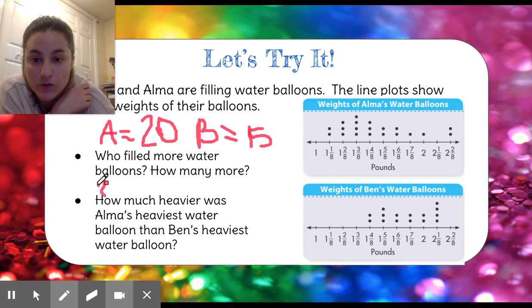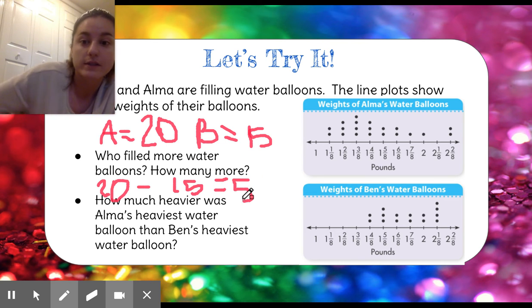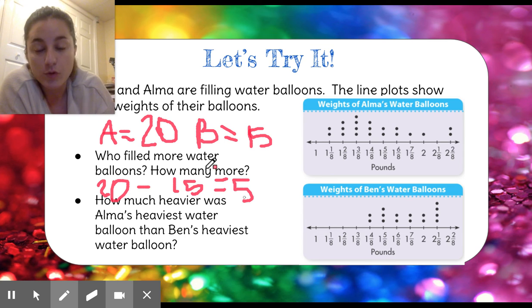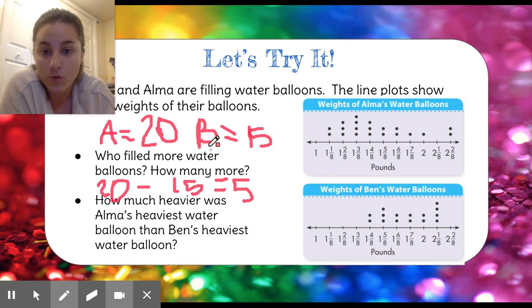How many more? Well, 20 minus 15 equals 5. And if I were typing this like you will be, you can write in a complete sentence. Alma filled more water balloons. She filled 5 more water balloons than Ben. How much heavier was Alma's heaviest water balloon than Ben's heaviest water balloon? Well, let's see.